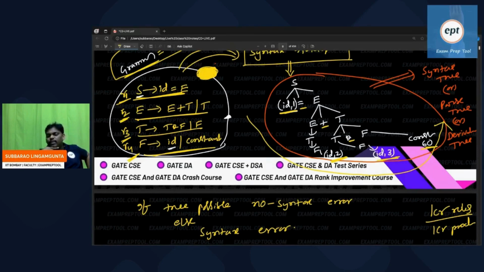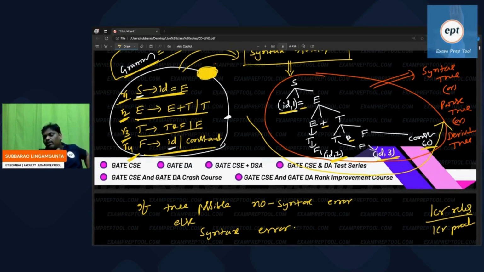Compilation successful means there is no syntax error. No syntax error means the tree is created. Suppose a syntax error came. Then the syntax tree was not created, which means something is wrong in the program, because with the existing rules, with the existing grammar, I am unable to create the tree.